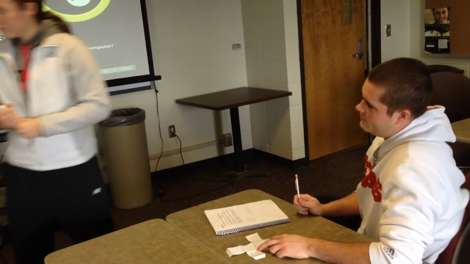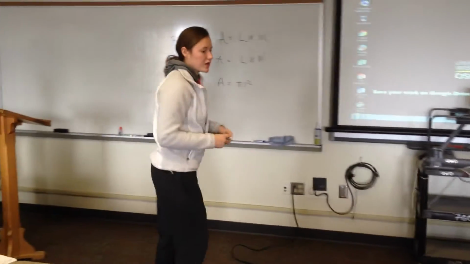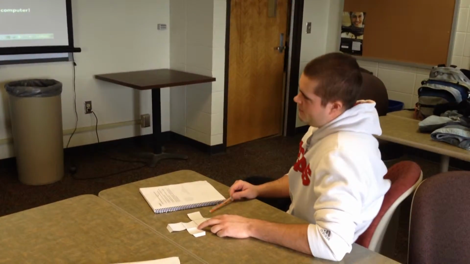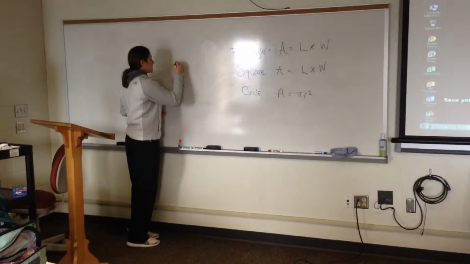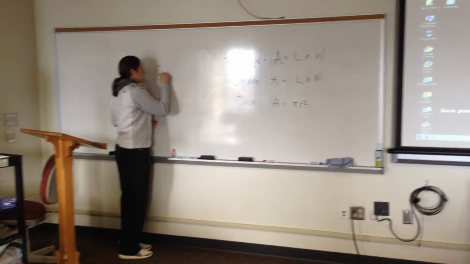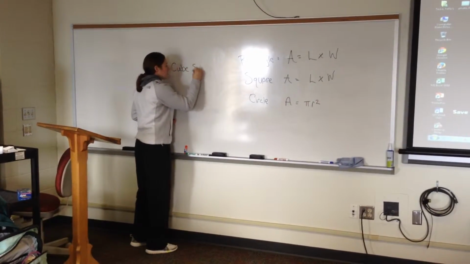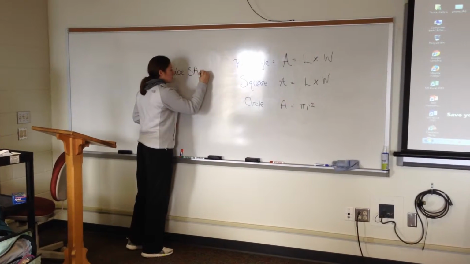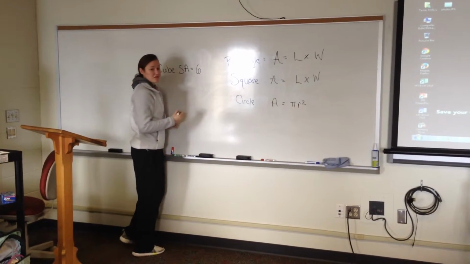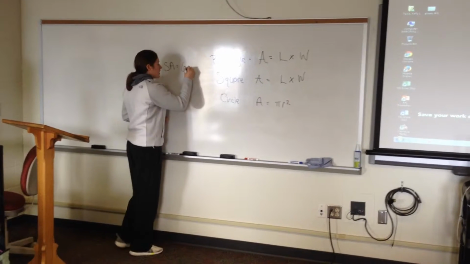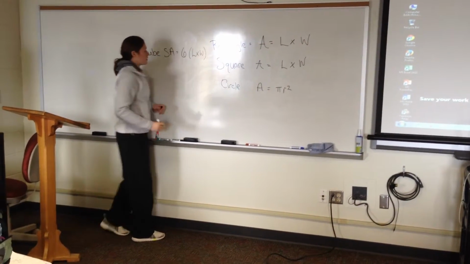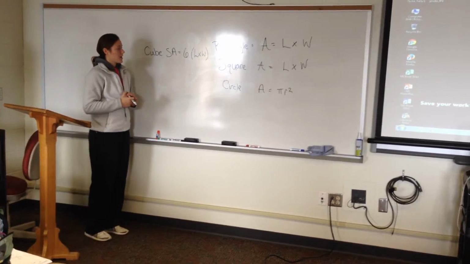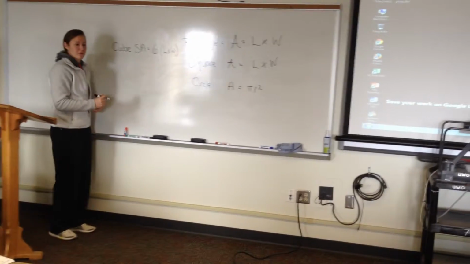Length times width. Perfect. Do you have an idea of how we would add all those faces up to get a formula? Maybe multiply by 6 since they are all equal. Perfect. So a cube's surface area is 6, because there are 6 faces, times length times width. So we have our cube surface area formula right there.